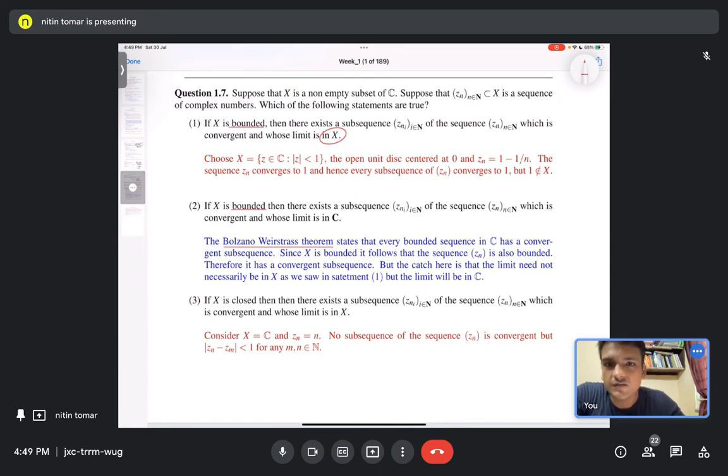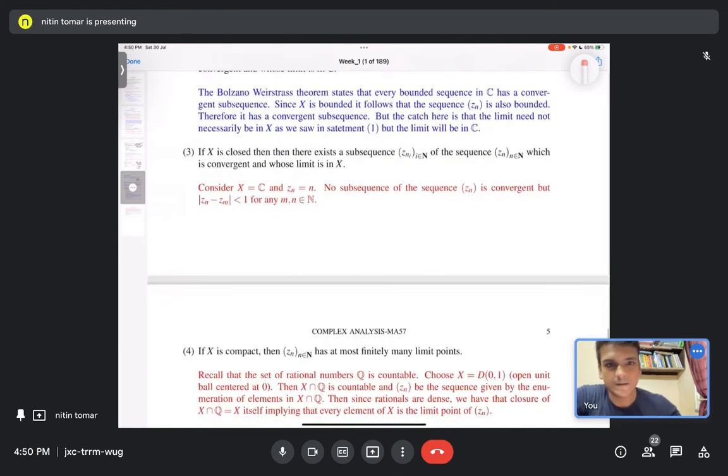In the first question, it was convergent in capital X, and in the second part, it is convergent in the complex plane C. So for the first we saw one example, the sequence 1 minus 1 by n. But for the second, the statement is true, and indeed it is the well-known Bolzano-Weierstrass theorem. So keep in mind these two things, the major difference between the first two options.